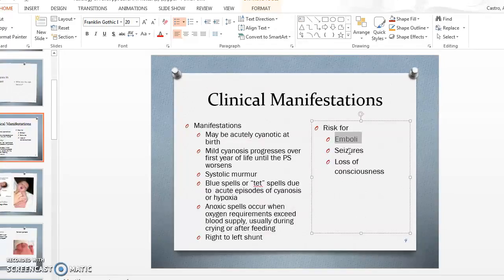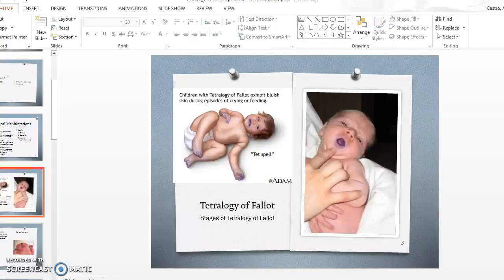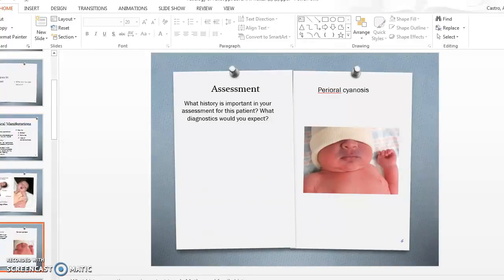And that's to keep the blood from clotting off while you send it to the lab for testing, because blood, once you draw it, naturally starts clotting. So as it sits there in the heart and it's not being moved through as fast as it normally would, it puts them at risk for emboli. And then anoxic seizures just from not having any oxygen to the brain, and again, loss of consciousness. So we've looked at that already.